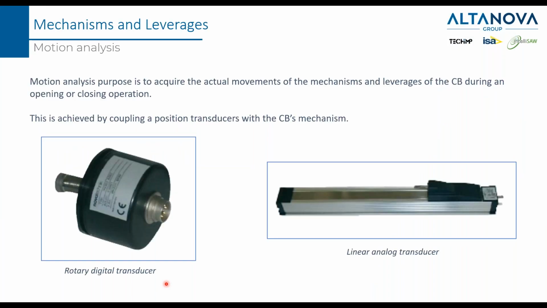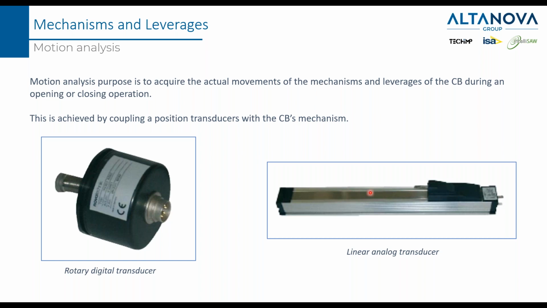So the first tool that you need is the proper transducer. There are mainly two types: the rotary transducer and the linear transducer. What you have to do is find a way to connect this transducer to the actual leverages, to the mechanical arms, in order to move this slider together with the leverages.